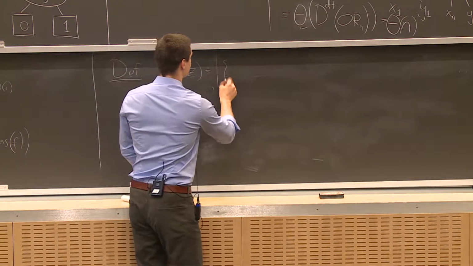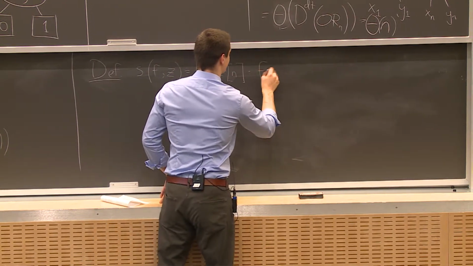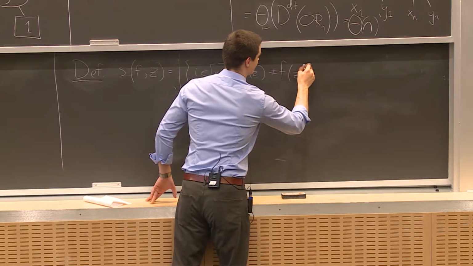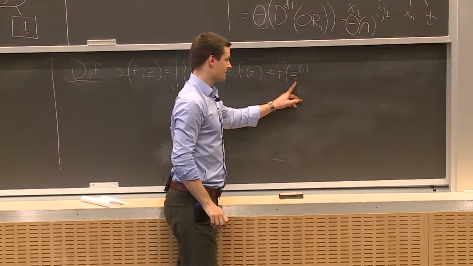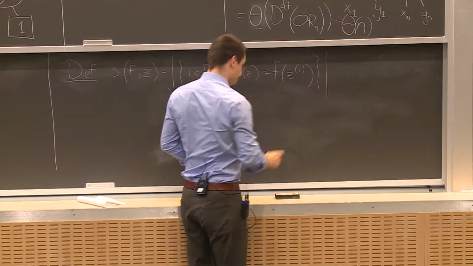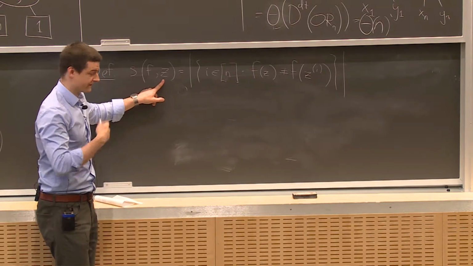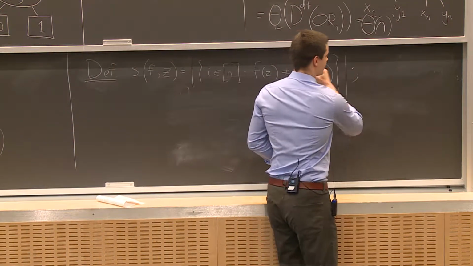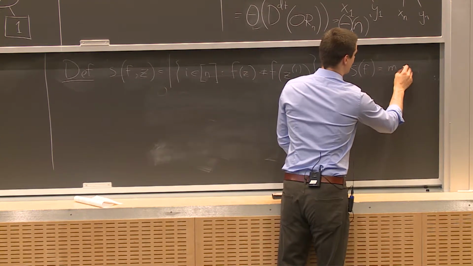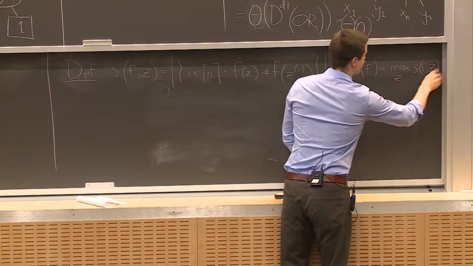So it's the number of coordinates i such that f of z is different from f of z with the ith bit flipped. This is the local sensitivity defined for a single point, but then the sensitivity of the function itself is just the maximum over all inputs of the sensitivity at that point.